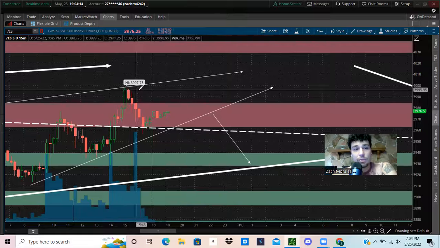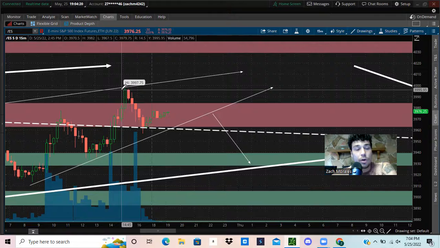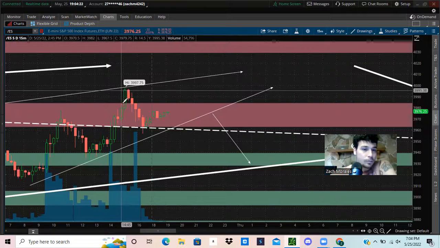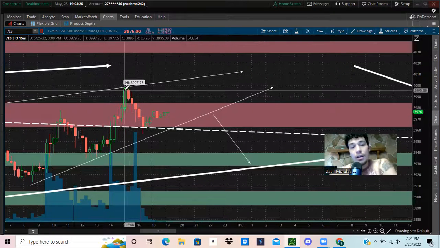But that's why I call this the dead zone. You don't want to enter here going long, right? Because you're thinking, hey, we blew past this zone, so let me just go long now. You don't really want to do that because your risk to reward is going to be skewed.